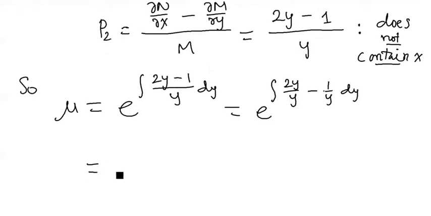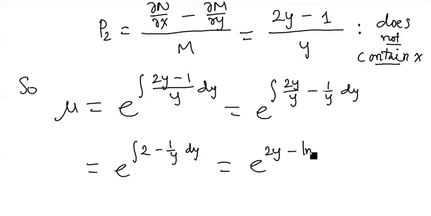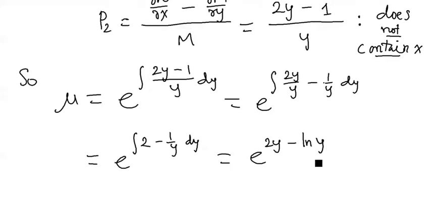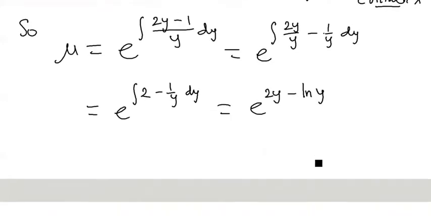Now we have some work to do. An integral of 2y over y simplified to 2, and then minus 1 over y dy, and then we have e to the 2y minus natural log of y. Again, we ignore the absolute value.